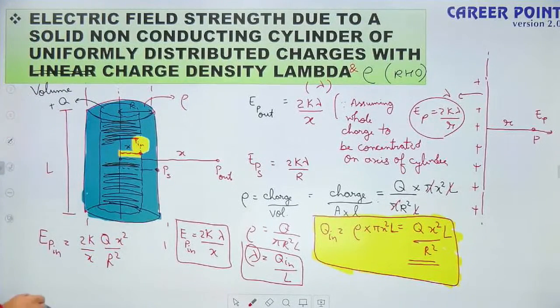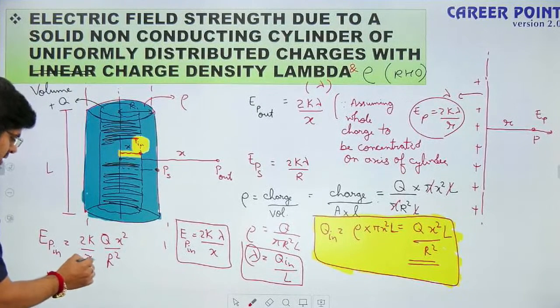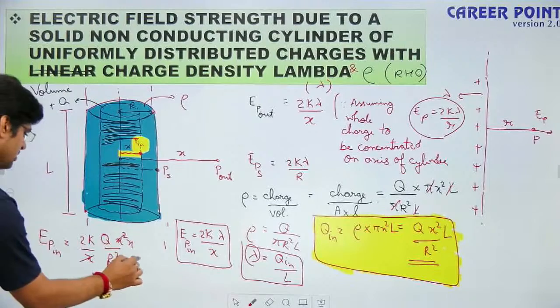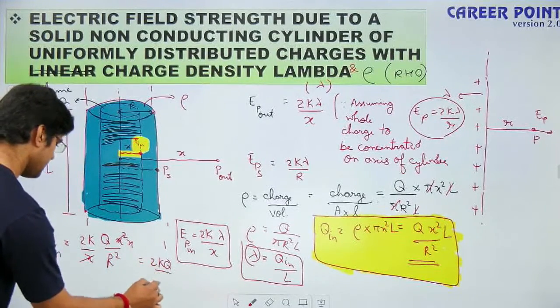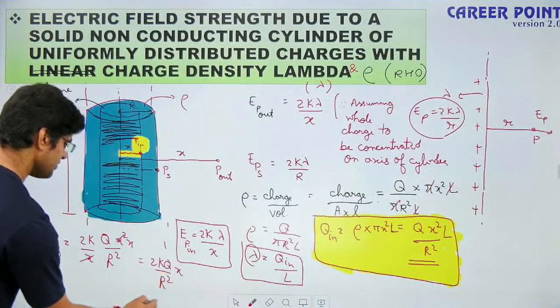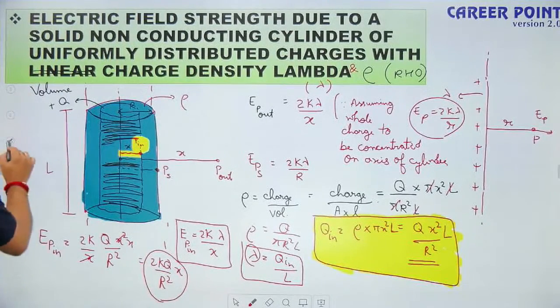So x cancels, and this comes to 2kq by r square into x.